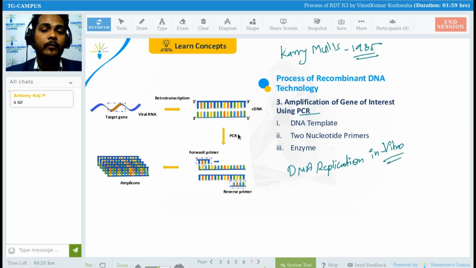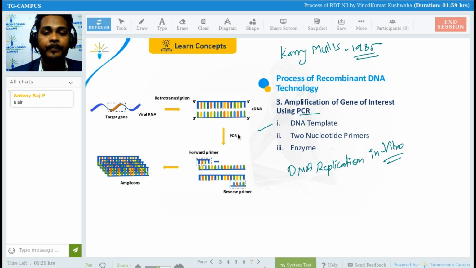Now, the basic requirements of PCR. What are the basic requirements to conduct PCR? To perform PCR, you need three basic requirements. The first one is a DNA template. What is the meaning of DNA template? That is your desired gene which you want to use for making the product, so that is your gene of interest.